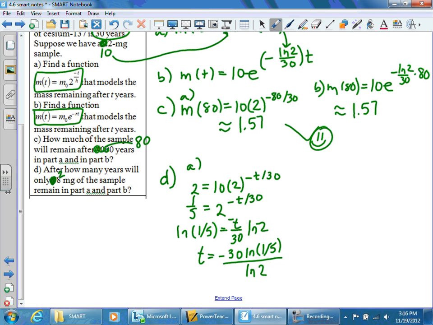And I got t to be negative 30 times the ln of 1/5 divided by the ln of 2, which is approximately 69.66 years.